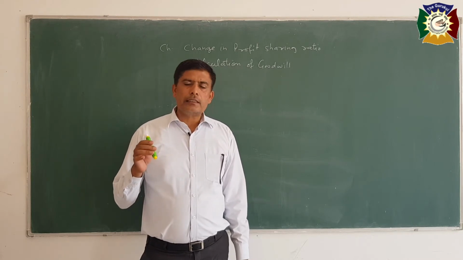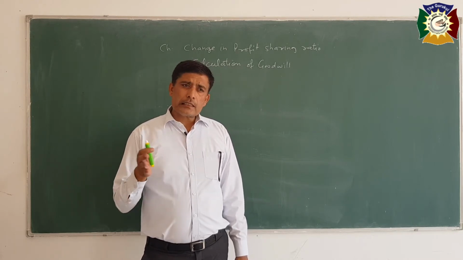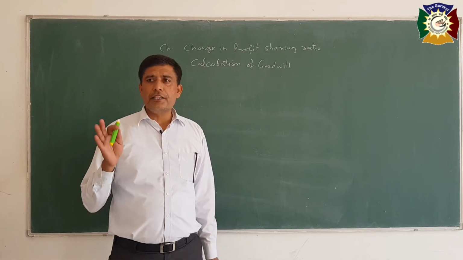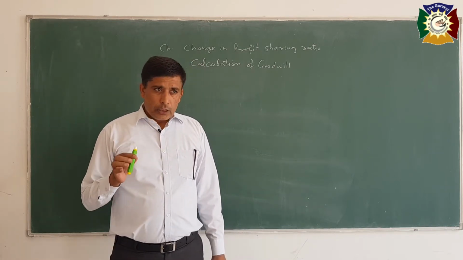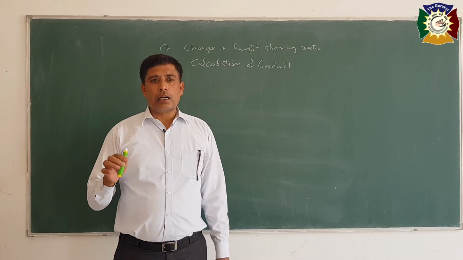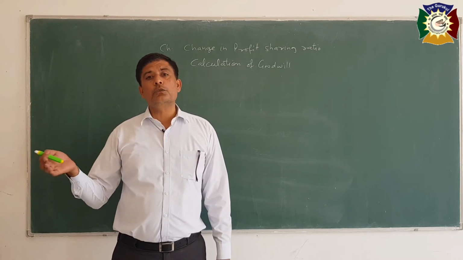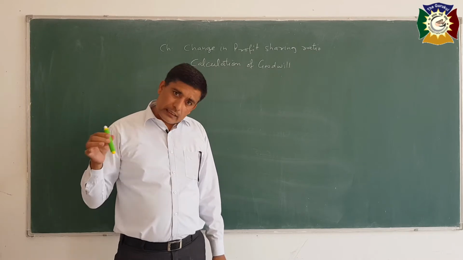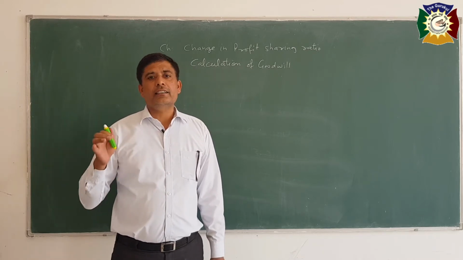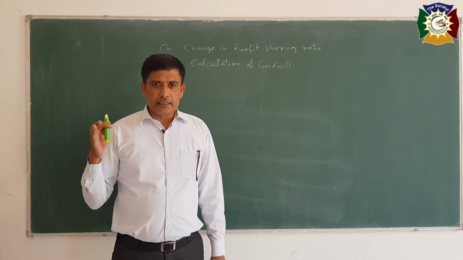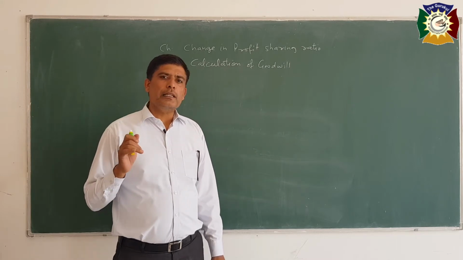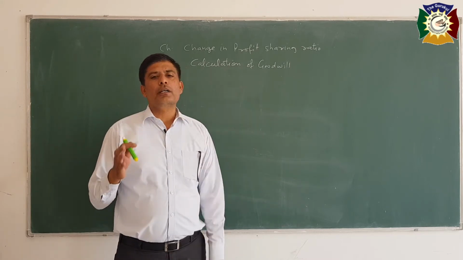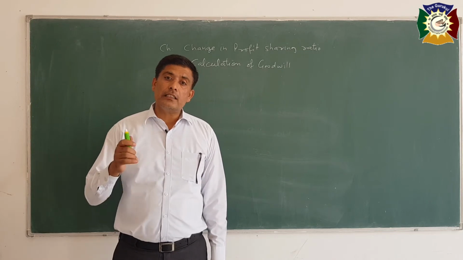Second is self-acquired goodwill. Self-acquired goodwill is when a business is continued from the past 15-20 years, so this business will earn excess profits in comparison to other businesses. So this capacity to earn excess profits will be treated as goodwill, and that is self-acquired or self-generated goodwill.